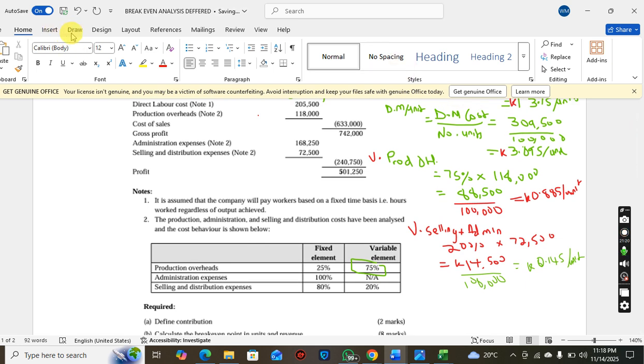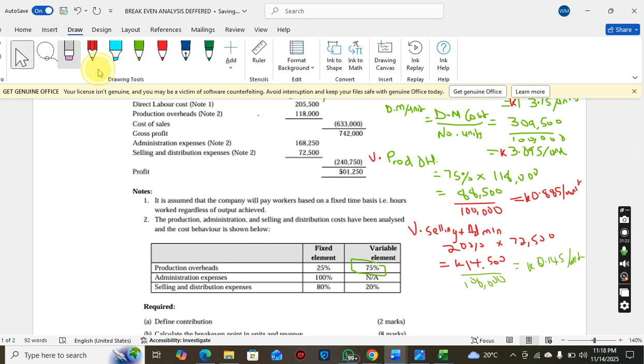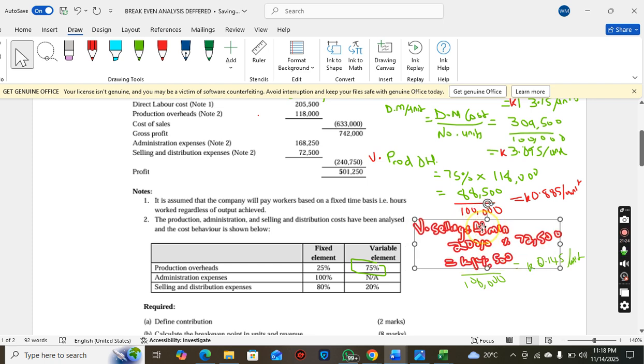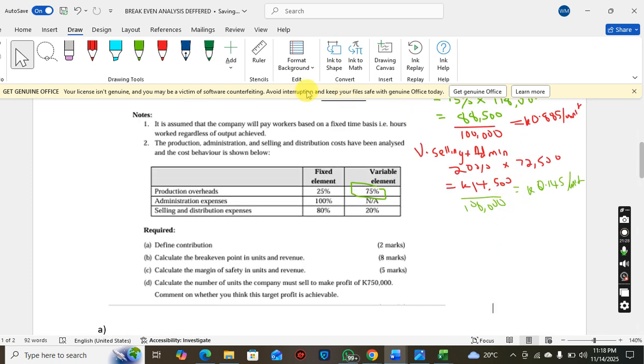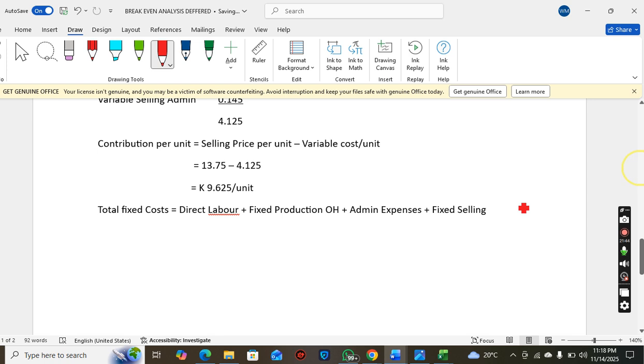Or fixed selling and distribution. Okay, plus fixed selling and distribution.